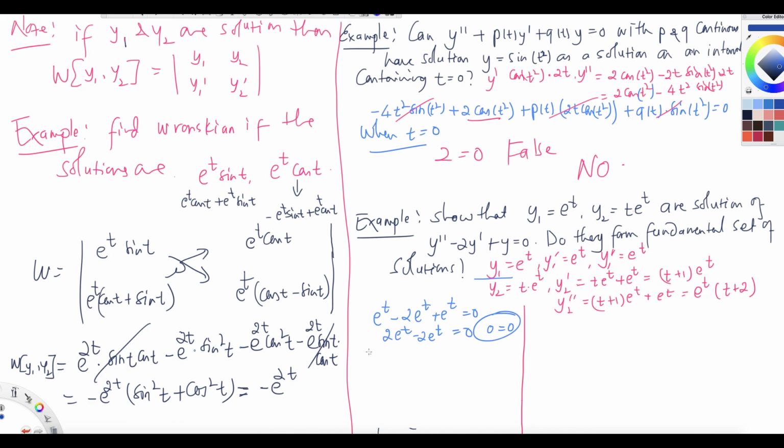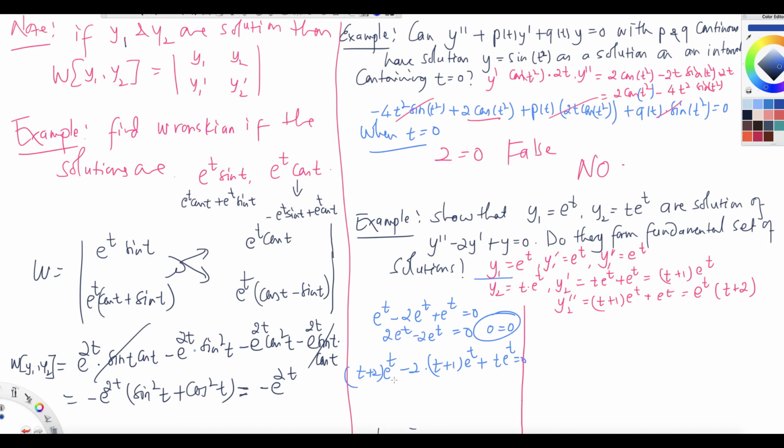So next one is plug in those things. So (t plus 2) times e to the t, and then minus 2 times (t plus 1) e to the t, and then plus t e to the t. That is y2 double prime minus 2 y2 prime plus y2 equals 0, right?